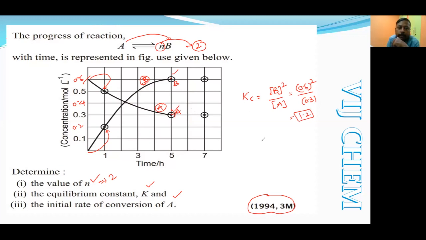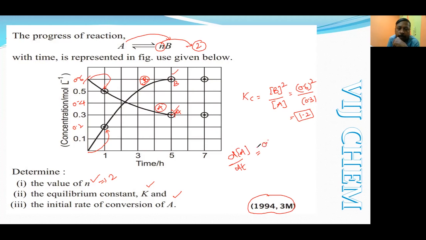Now next one is the initial rate of conversion of A. So rate of conversion of A means dA by dt, change in concentration by change in time. So this is the graph for A. Okay, so you can check here, change in concentration is how much?